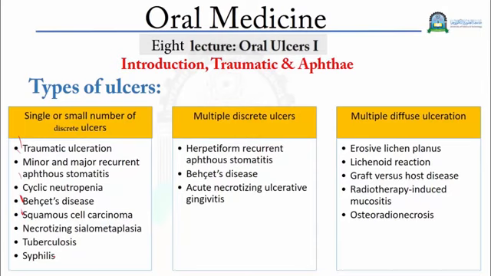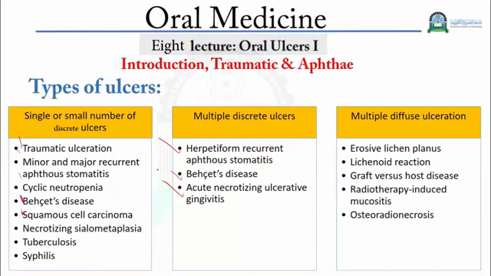Multiple discrete ulcers can be found in herpetiform recurrent aphthous stomatitis, and Behçet disease can also be presented as multiple discrete ulcers. Acute necrotizing ulcerative gingivitis also presents in the oral cavity as multiple discrete ulcers.